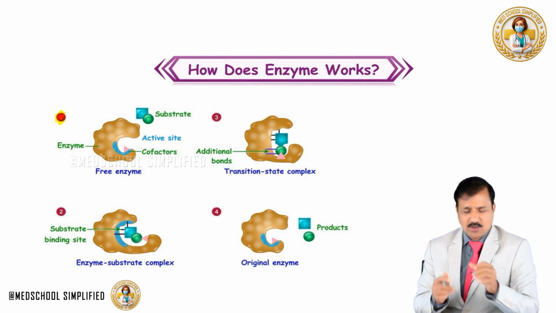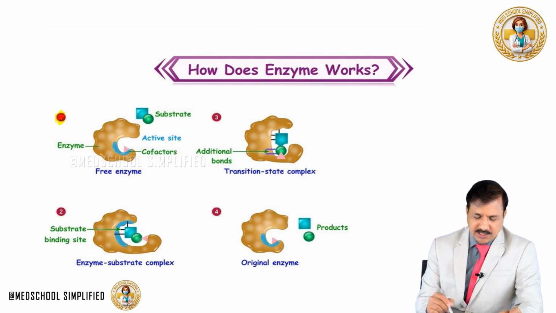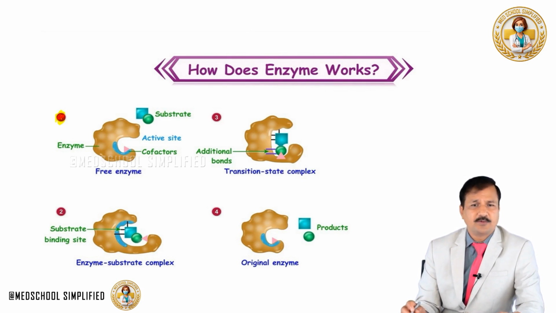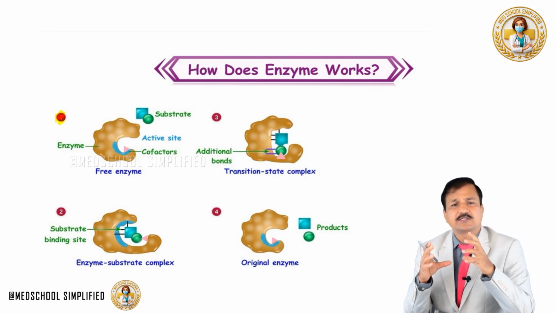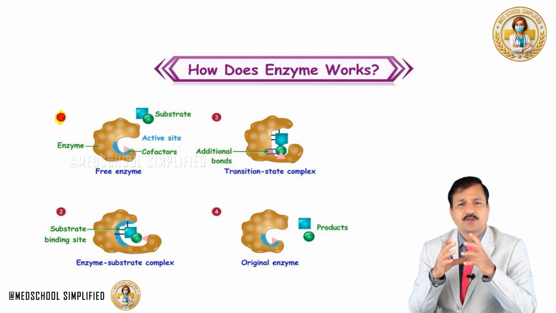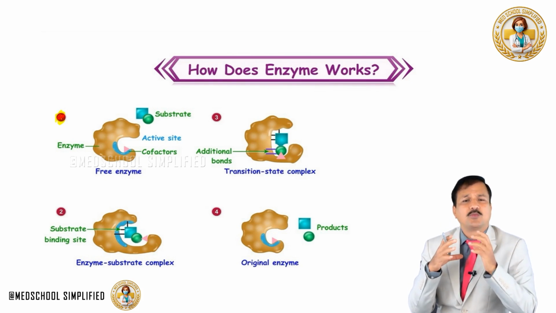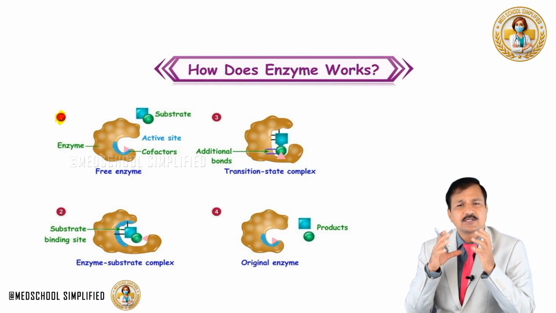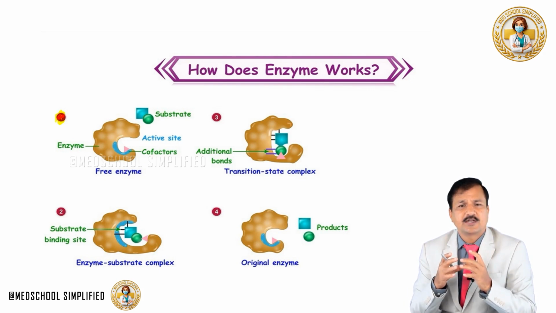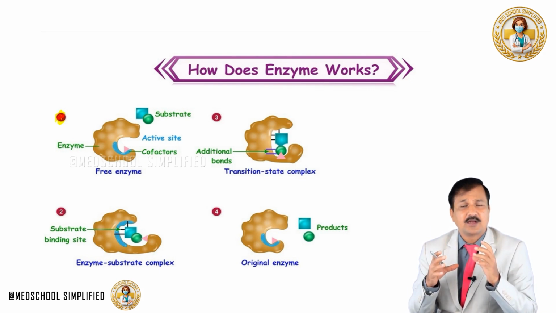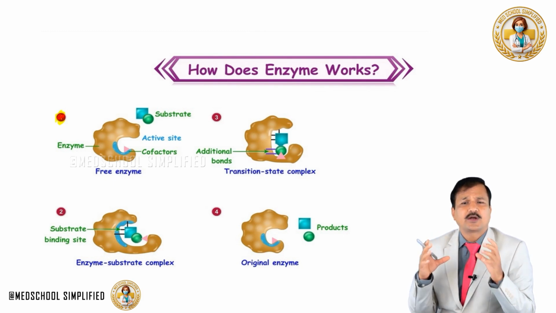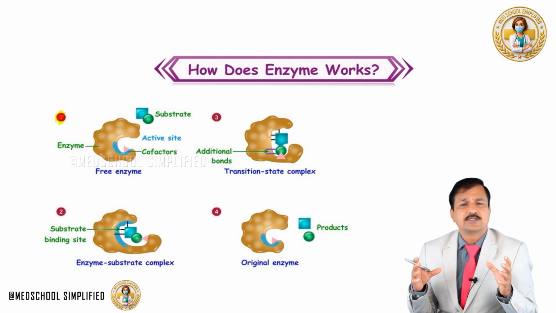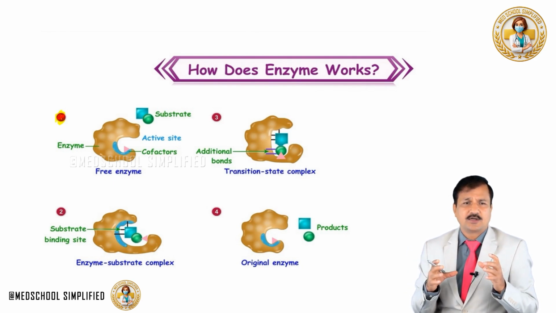Once that happens, additional bonds are formed, and that makes a proper fitting of the substrate with the active site, because we need all the additional bonds so that more and more bond formation will take that substrate into its highest energy state called the transition state. This is the requirement for the substrate to go into product. Product is formed and the enzyme comes out of the reaction unaltered.